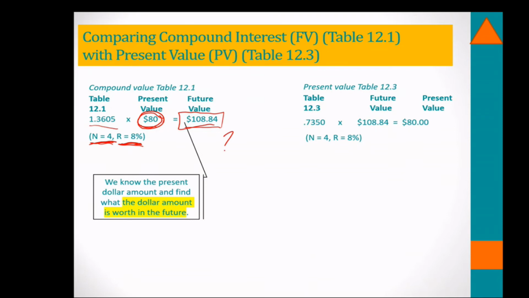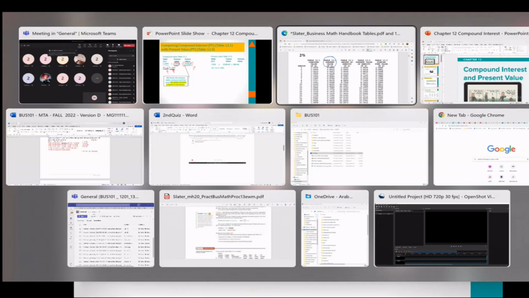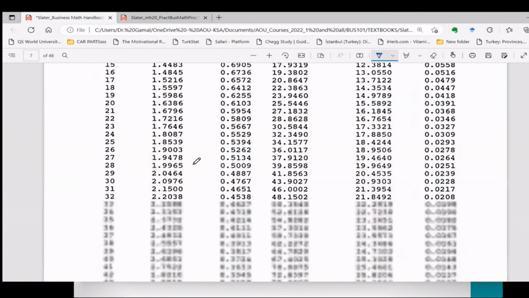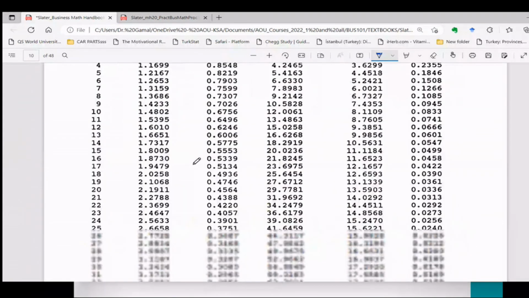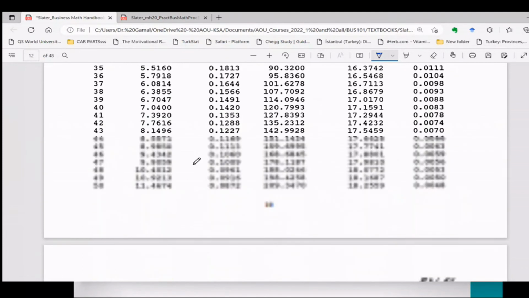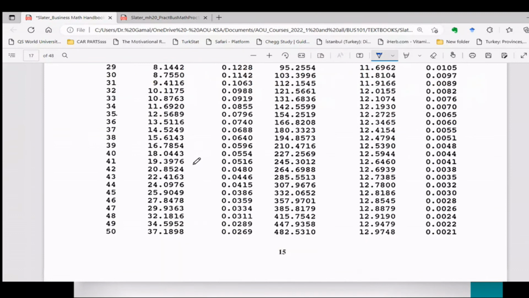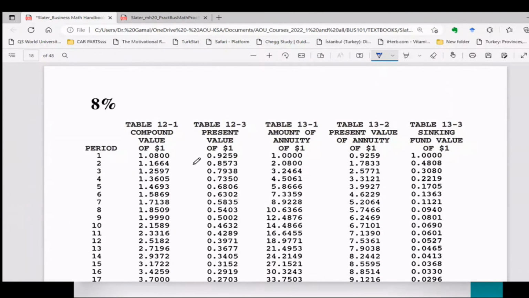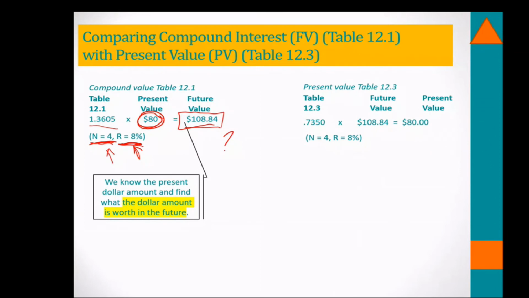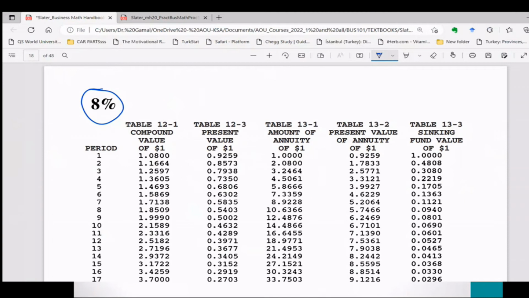Okay, now we have N4 and R8, a rate of 8%. Then look at the table of 8%. Let's do it together. This is 8%. How many periods? N4, 4 periods.